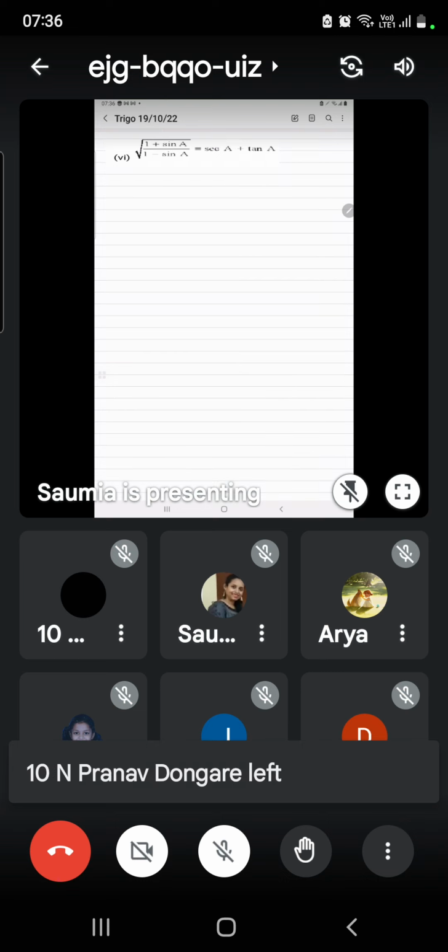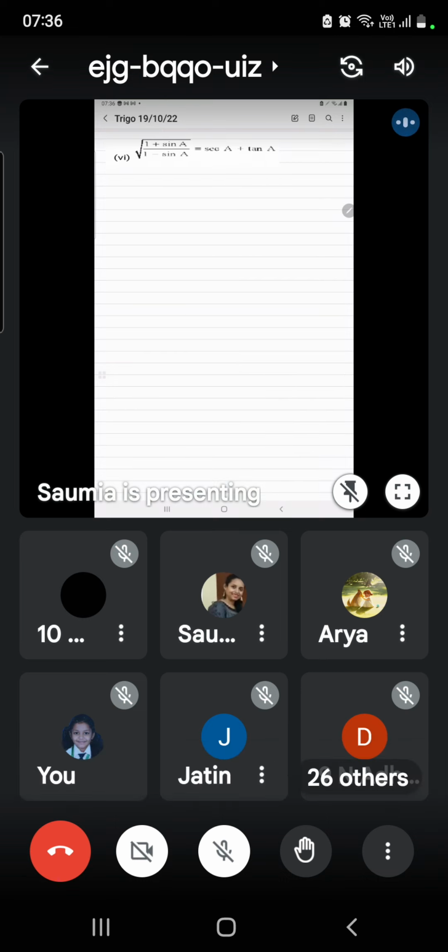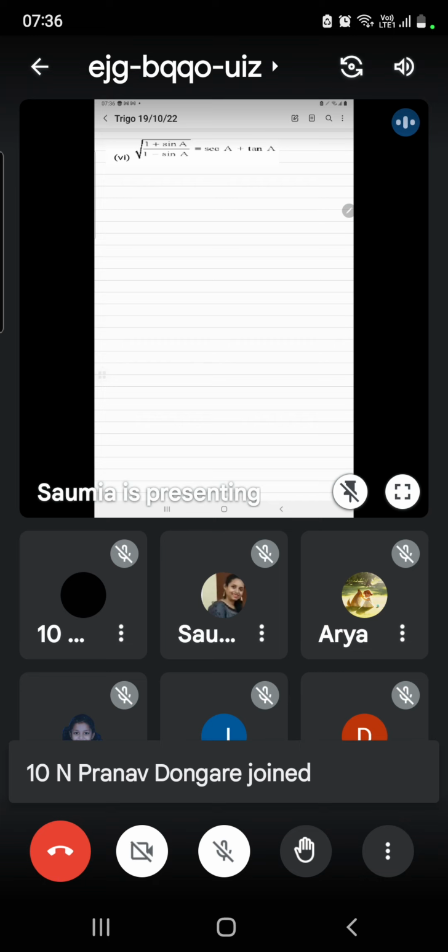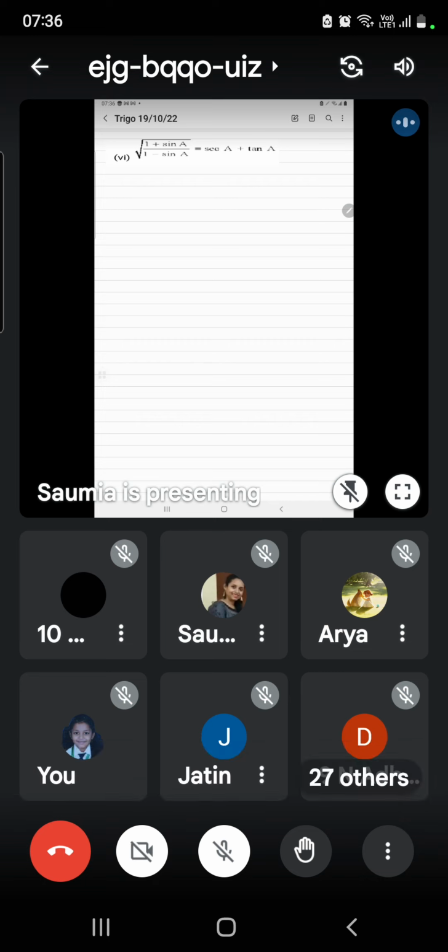Now, let's start with question 6. Question 6 says root of (1 plus sin A) upon (1 minus sin A) is equal to sec A plus tan A. Now, let's start with the LHS.